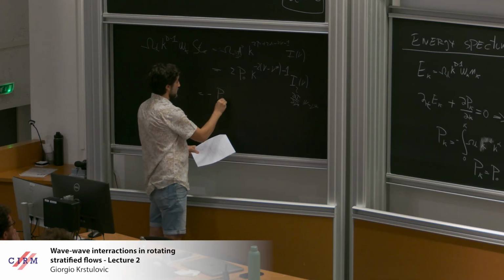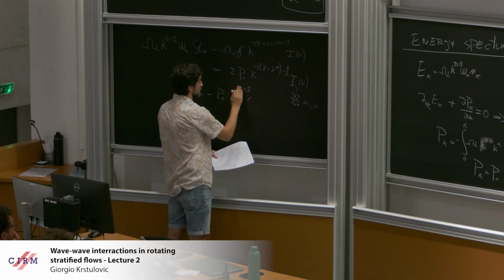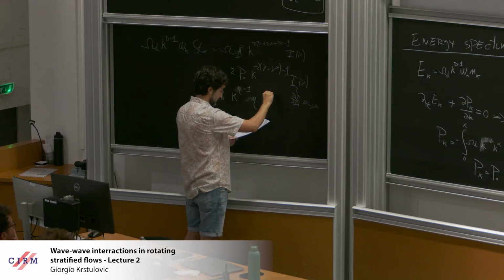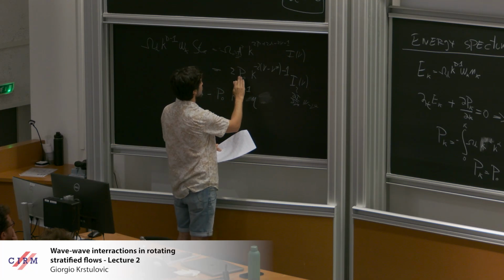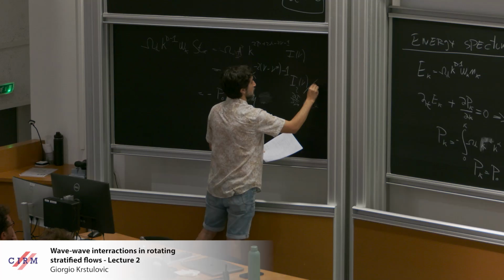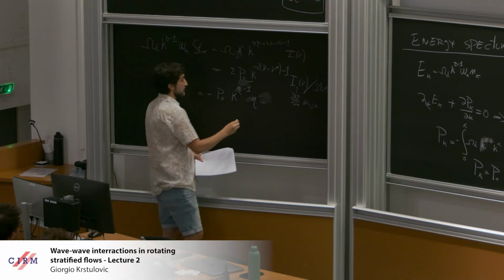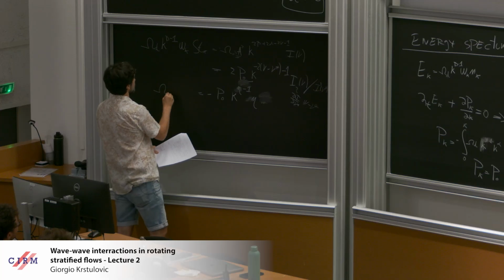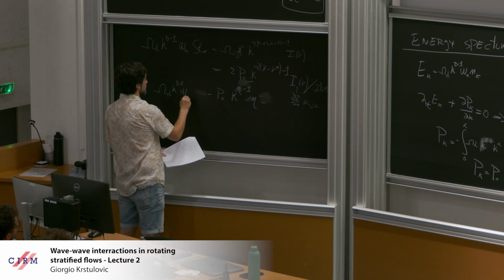I will get P0, k to the eta minus 1, over eta, sorry, this should be 0 over, okay, this is a mistake. Eta, exactly that, okay? Omega k.